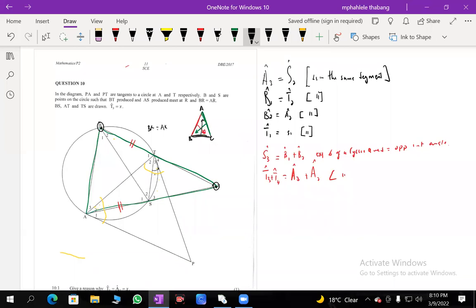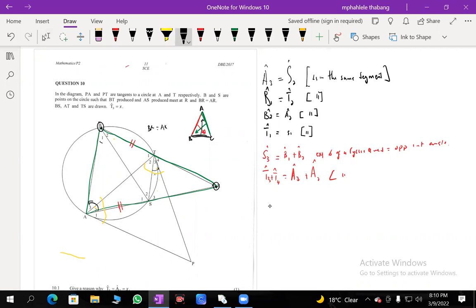Angle A2. Actually, it will be the whole A, which is A2 and A3. And then side AR is opposite to which angle? Angle B, referring to B1 and B2.